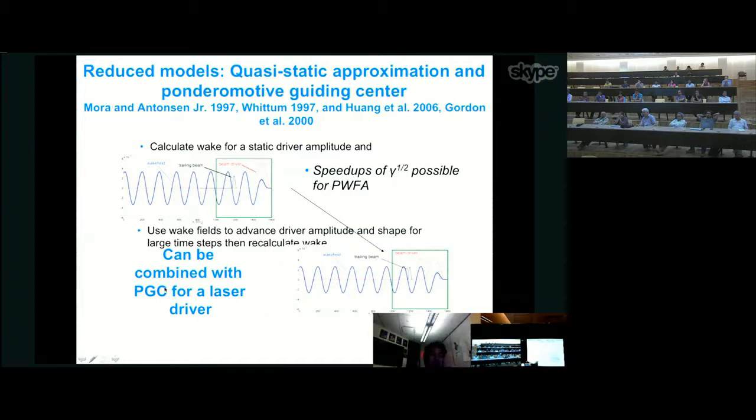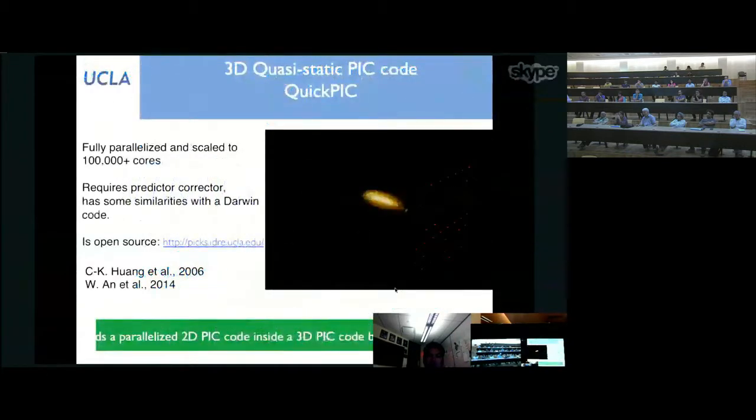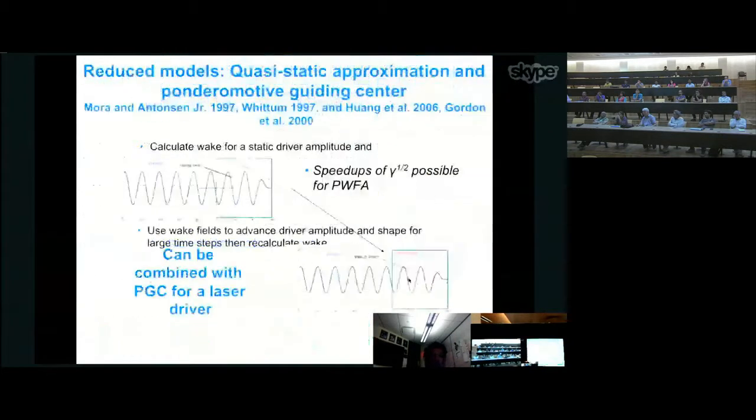There's a way to combine this for a laser, where you average over the high frequency and use what we call the ponderomotive guiding center concept. And you can also then implement this algorithm for laser drivers. And credit, I should say, for taking this quasi-static approximation and putting it into a PIC code really goes to Moore and Atkinson in 1997.